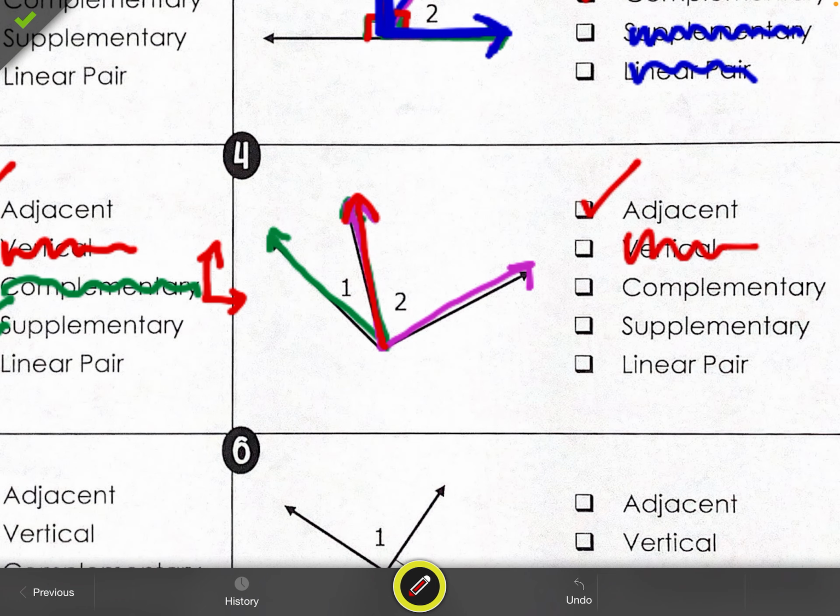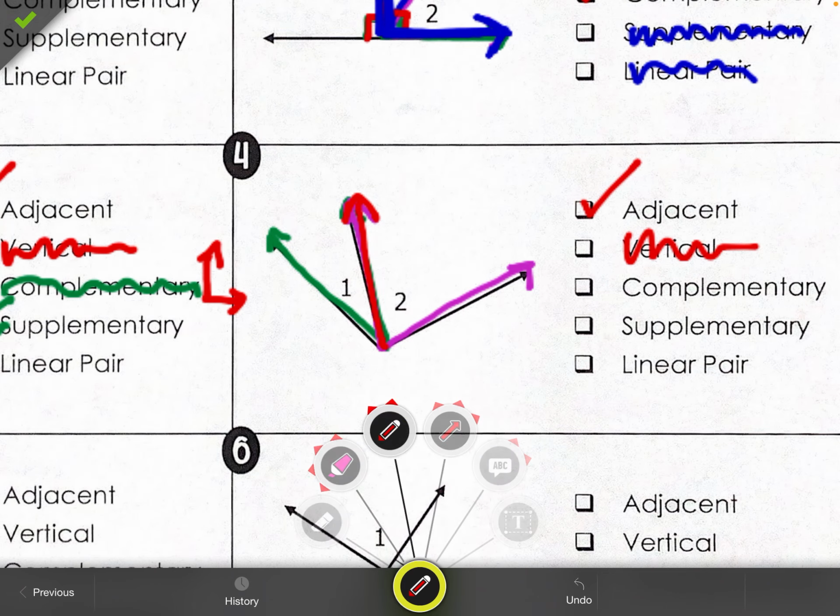If they are adjacent, they are not vertical. They can't be both. Do they make a corner? Now be careful here. If they want you to know that that makes a 90-degree corner, they will put the box down here in the picture. Do we see any box? No, so don't assume it, because some people look at this picture and they say to me, it looks like it's kind of a corner.